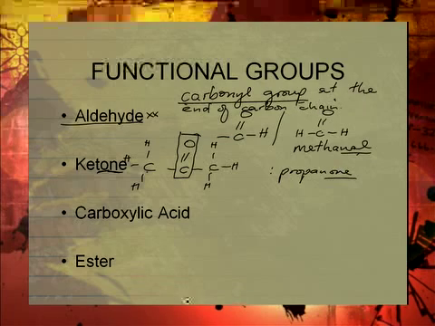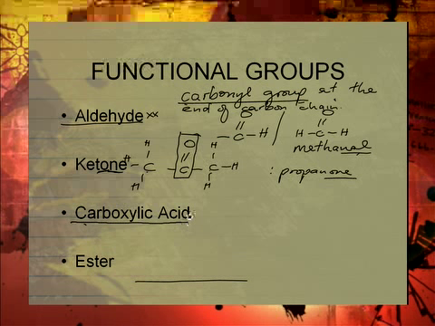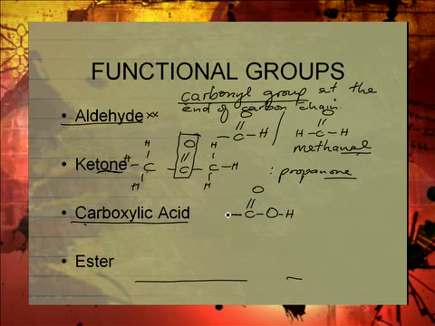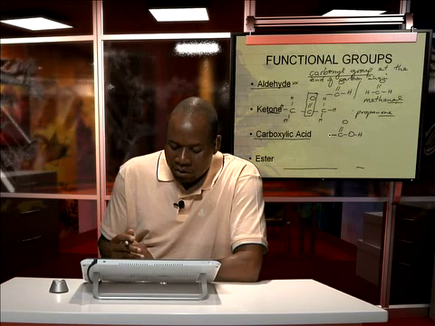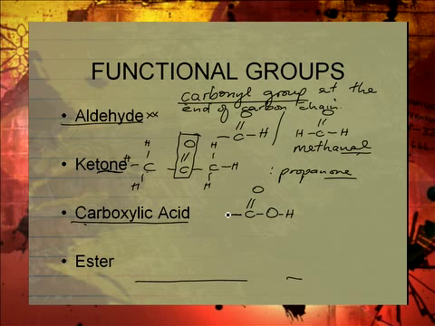Okay. And next, we've got what we call carboxylic acids. Carboxylic acids also have a carbonyl group, but this is how the functional group looks. This carbonyl group is attached to an OH group, and that tells you you're talking about a carboxylic acid, or organic acid if you like.